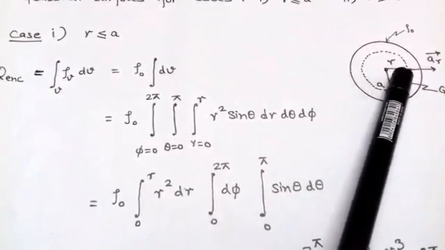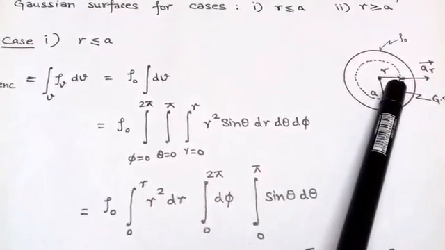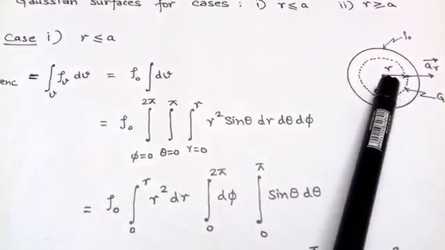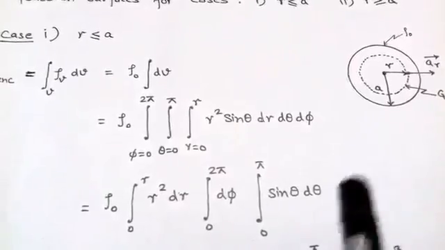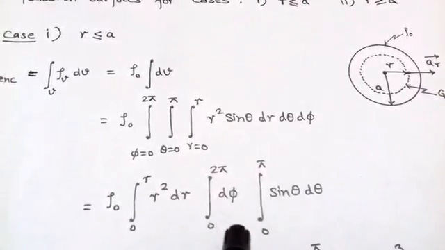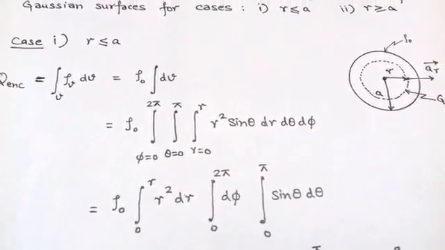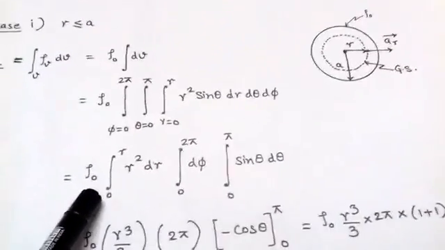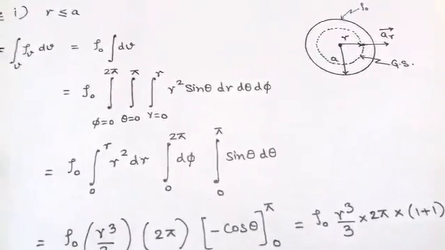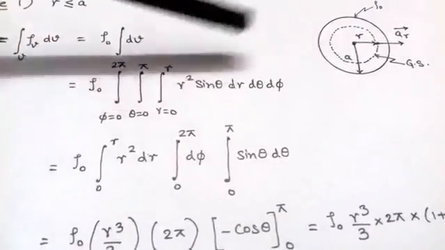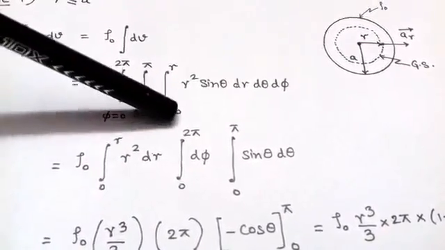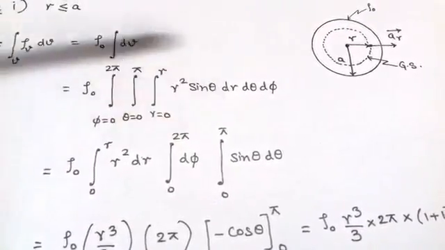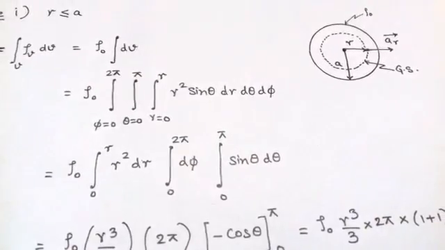The limit of r is 0 to r because we take a point inside this sphere, and the total charge according to the Gaussian surface is within this radius r only. So the limit of r is 0 to r only, the limit of theta is 0 to pi in the spherical coordinate system, and the limit of phi is 0 to 2 pi.